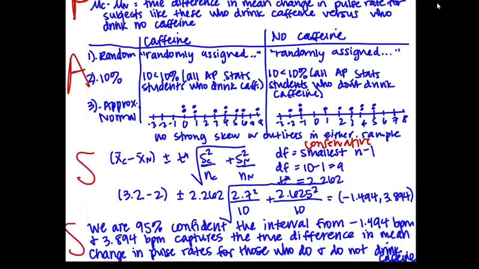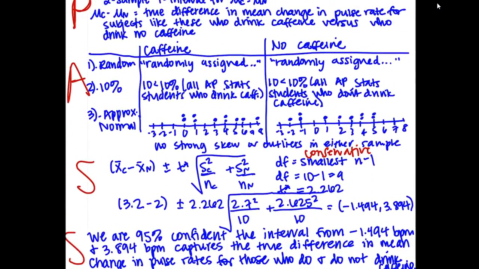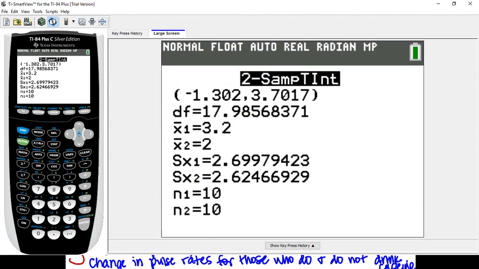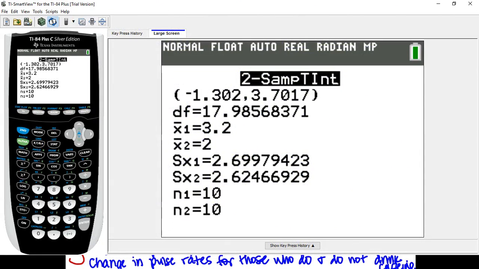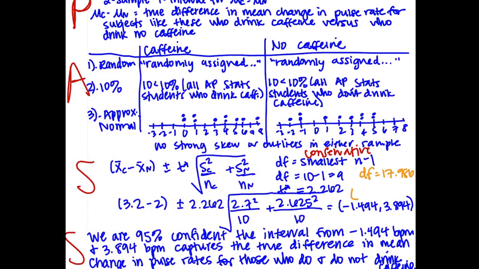If we were to use that one, I'll use orange. Then we get an interval that is a little bit narrower: negative 1.302 to 3.7.